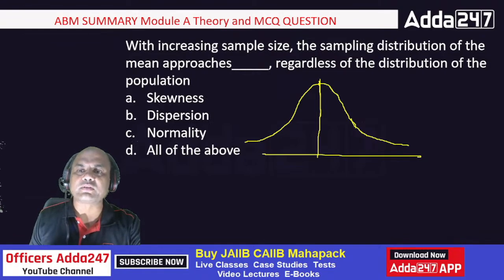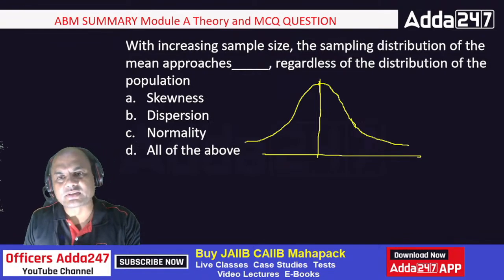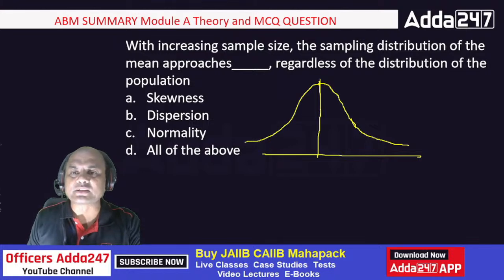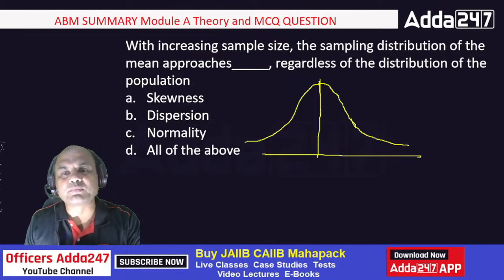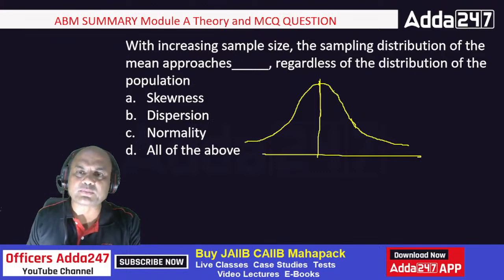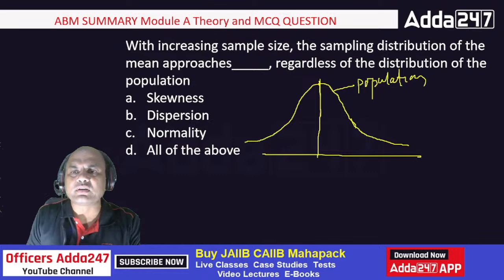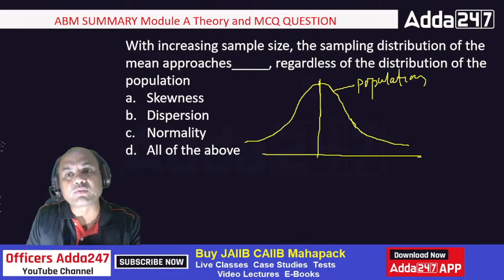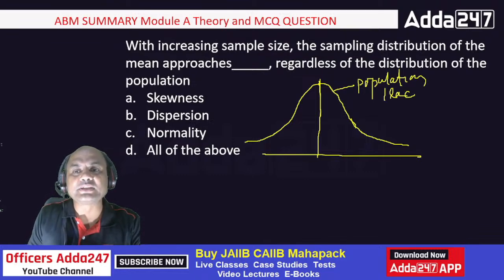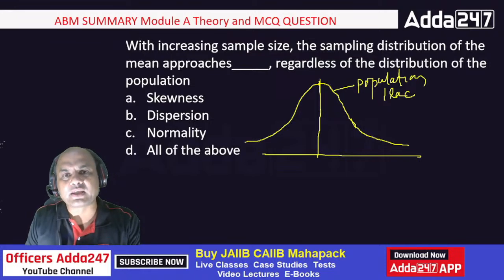Suppose this bell curve is of the population. So population means what? Let's say it is 1000, or let me make it bigger, 1 lakh. 1 lakh is a population, meaning the total number of elements is 1 lakh.